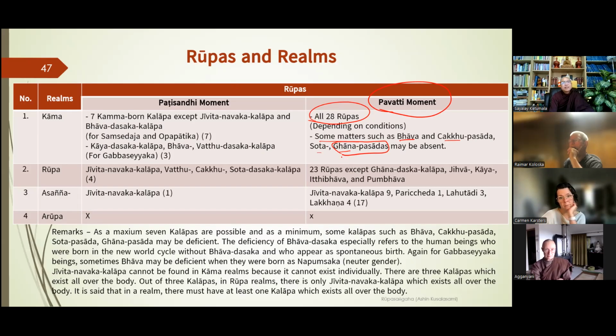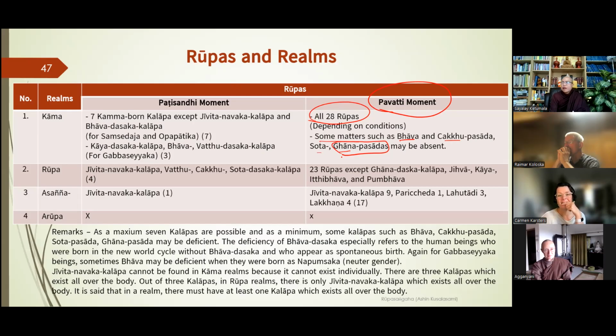Have you ever seen a person without Ghana Pasada, no sensitivity? As far as I know, only during the COVID pandemic was the Ghana Pasada sensitivity absent, not working at the moment because of the virus.